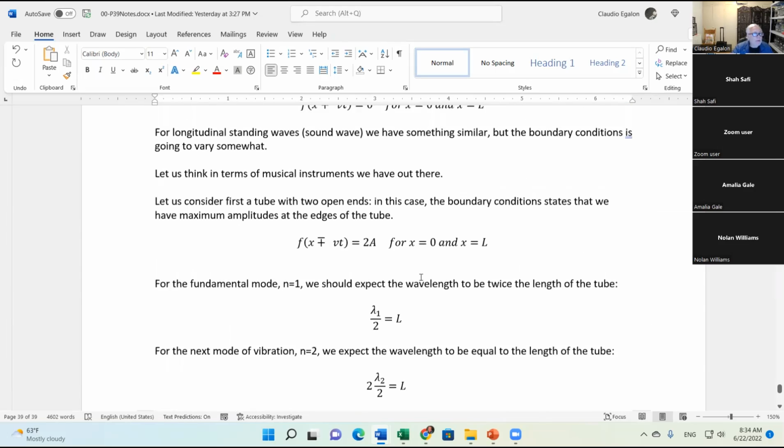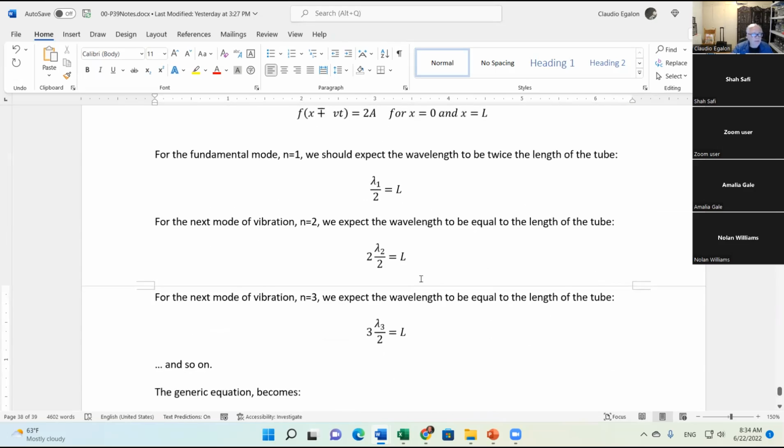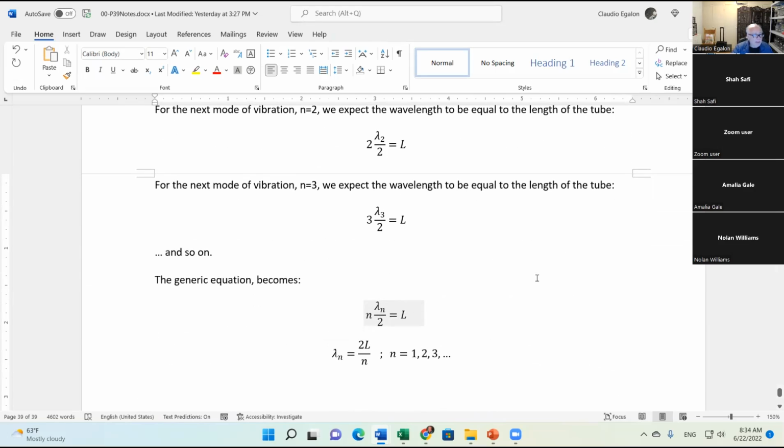So it's just a matter of making drawings and making sure that the drawings fit the tube with the proper boundary condition, right?